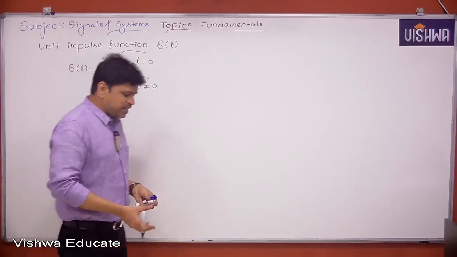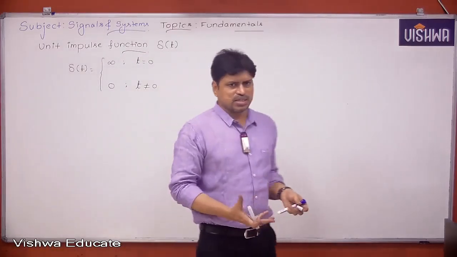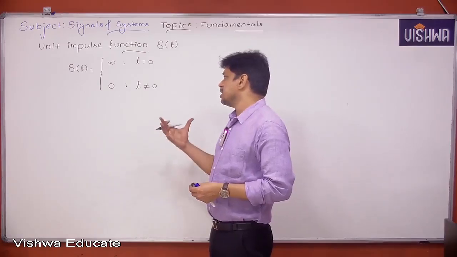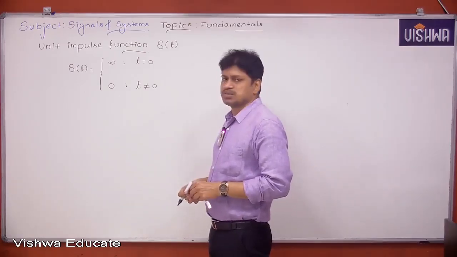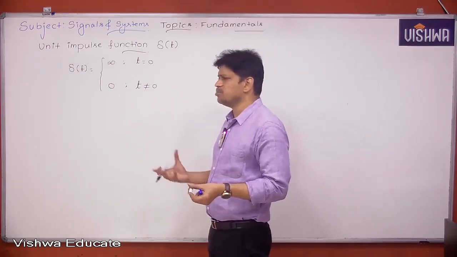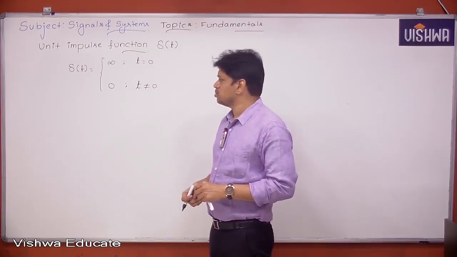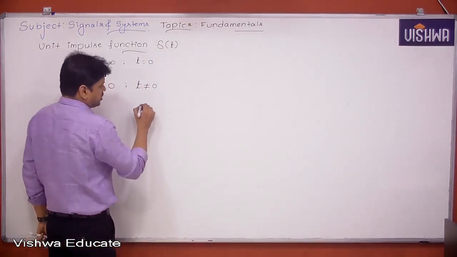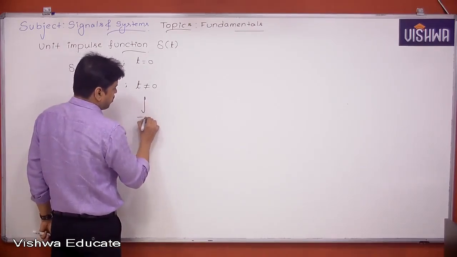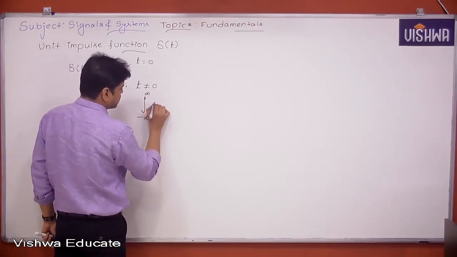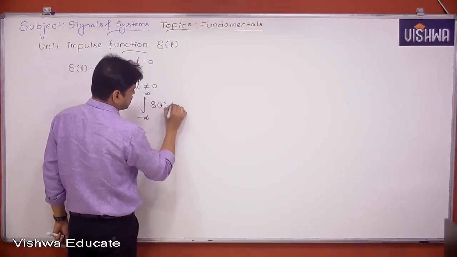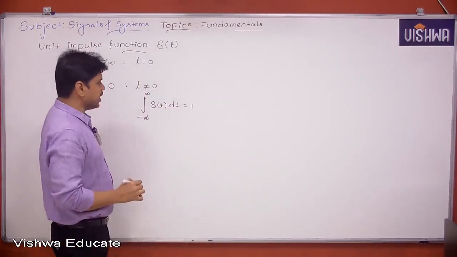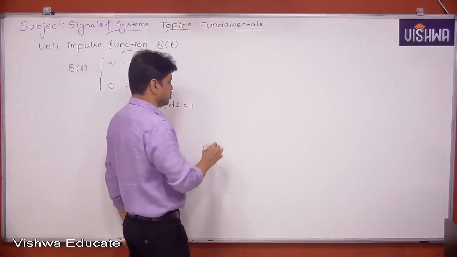But infinity is not a good quantity to discuss with. That means it is not analytically possible; we cannot say anything about infinity. Infinity is an undefined value. So there is another way to express this, which is the integral from minus infinity to infinity of delta t dt is equal to 1, which is nothing but the area under the impulse function is equal to 1.